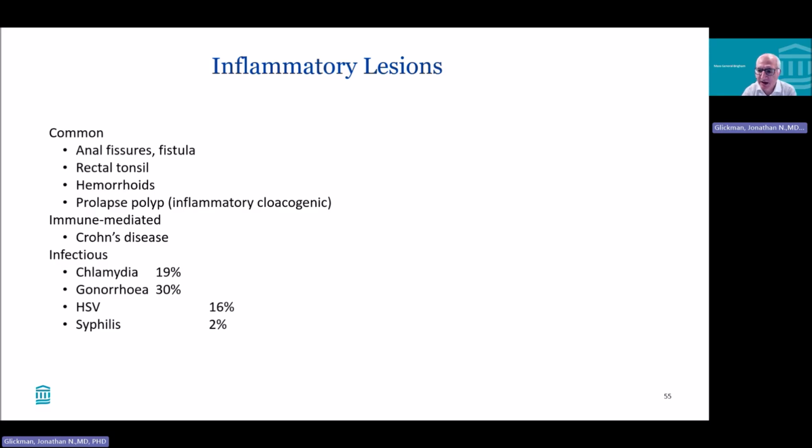So I want to finish up with just a few inflammatory lesions that sometimes will masquerade as a neoplastic process, and mostly we're talking about rectal tonsils, prolapse polyps, sometimes common diseases such as hemorrhoids or anal fissures and fistulas, which we've already made reference to.